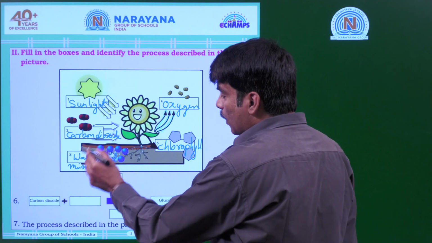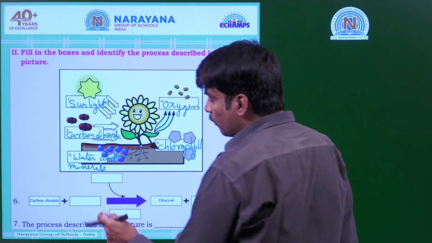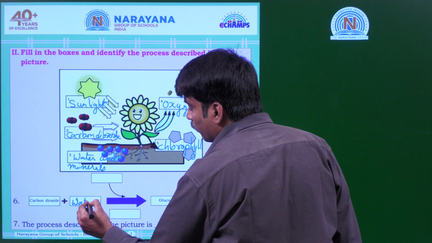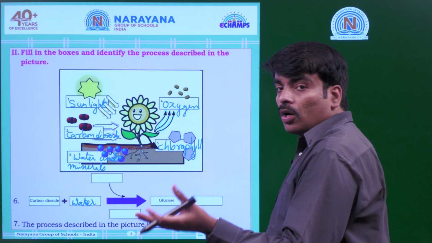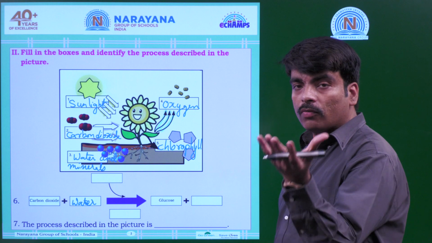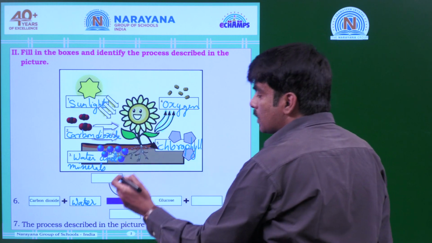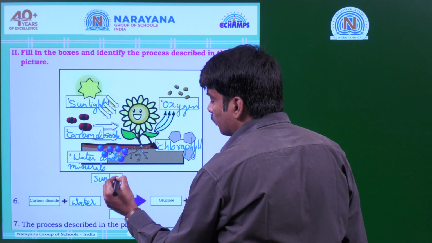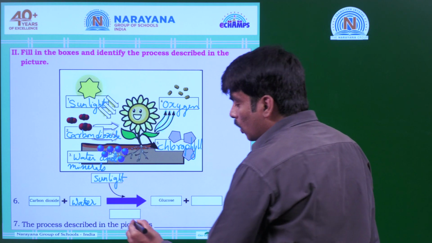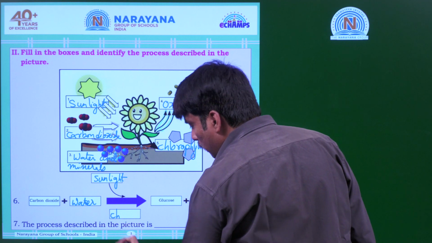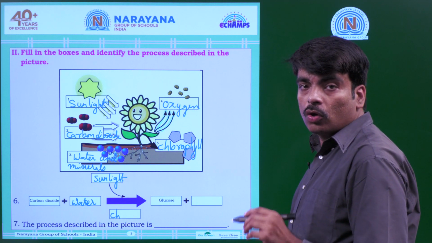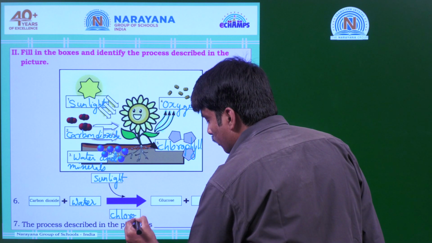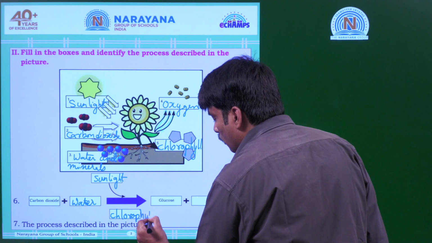As I said, carbon dioxide is absorbed by the plant. Apart from carbon dioxide, water is also absorbed. And it will absorb sunlight. Chlorophyll also plays an important role here. Chlorophyll is a must.